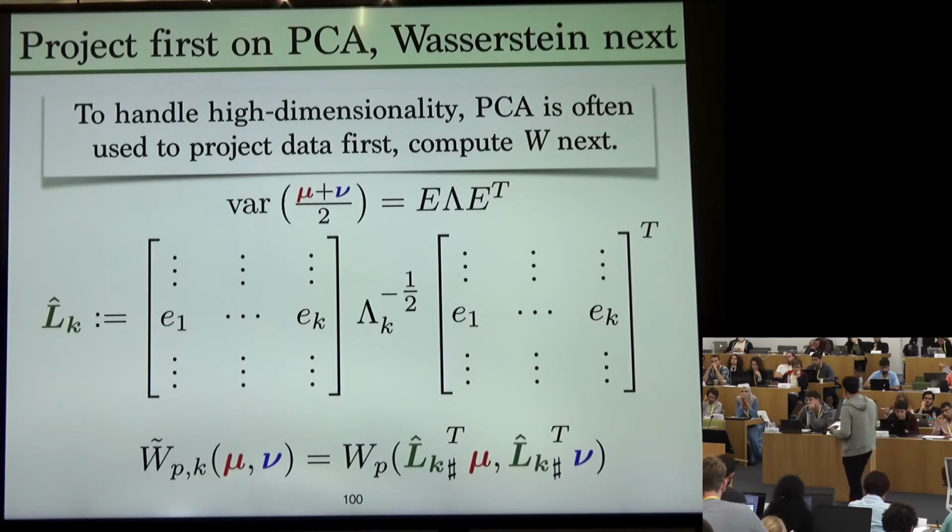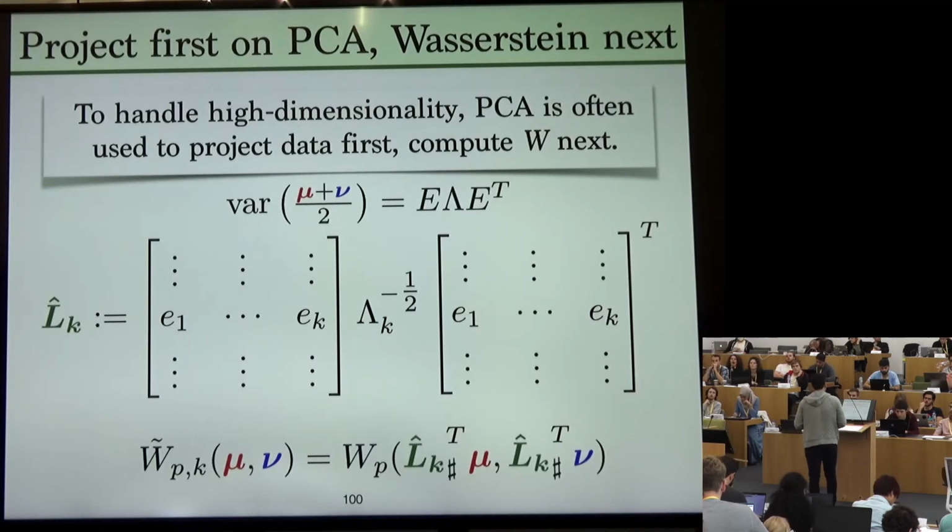Imagine that you are tracking populations of cells across time, and each cell can be described by a very long feature vector. And then you think, does it make sense to do optimal transport in such a high dimensional space? What you would do probably is do PCA first, project all of those big vectors onto a subspace, and then do optimal transport on that.